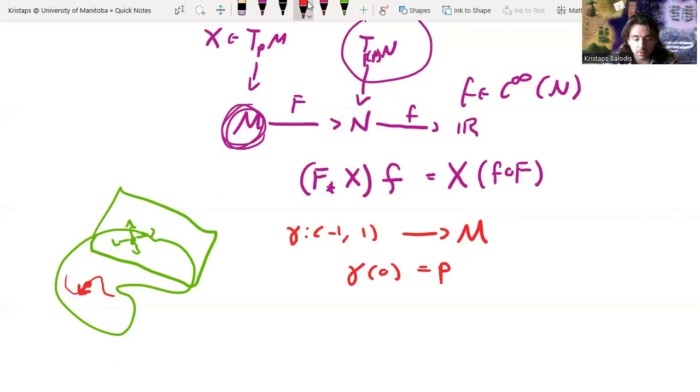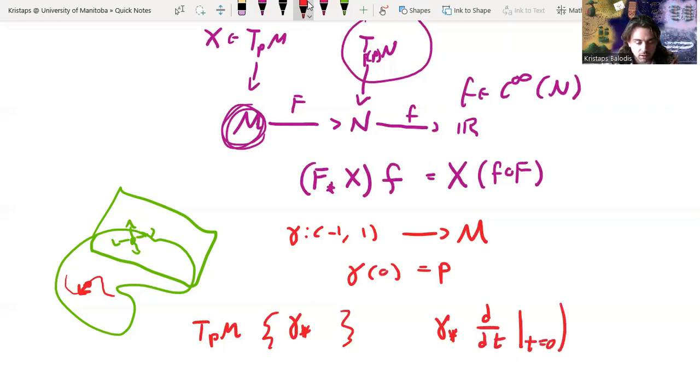Another definition of the tangent space is basically the collection of the images of the push forwards of the single derivation existing on this interval.